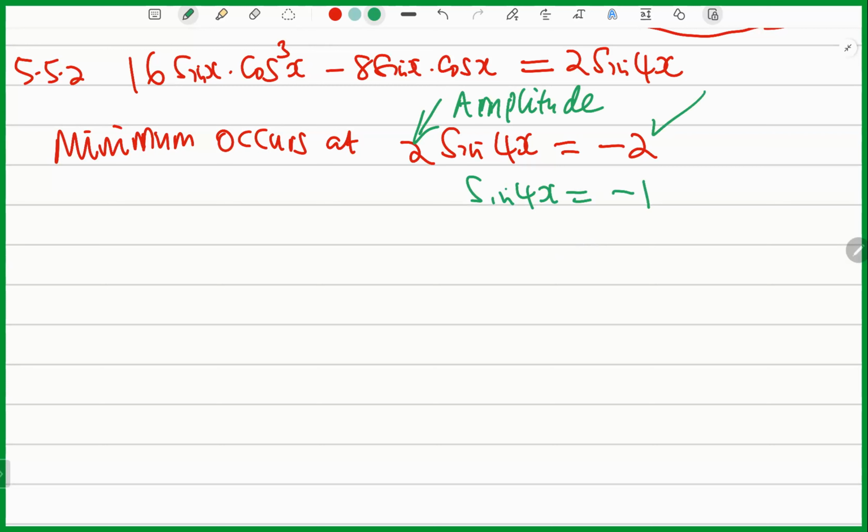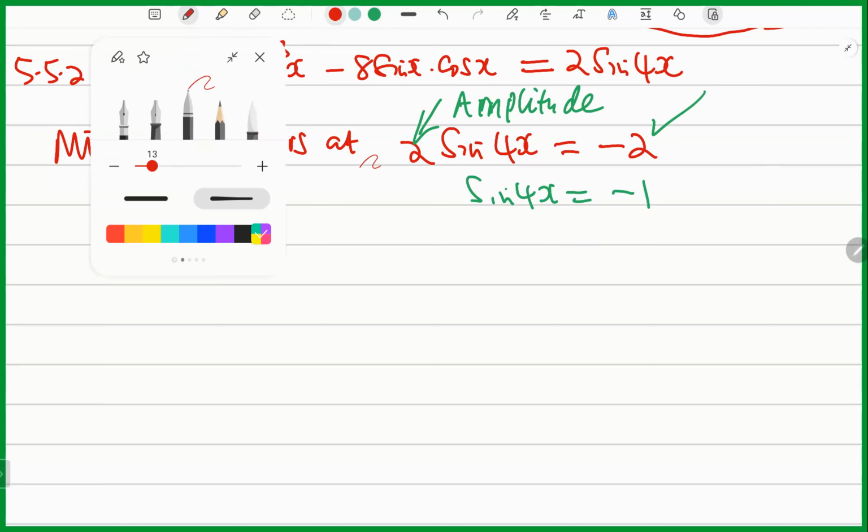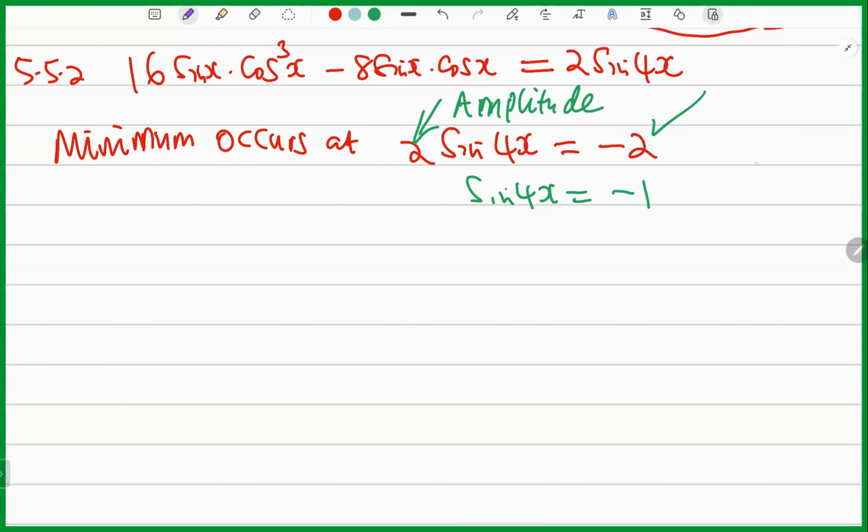When you get this, then you need to solve this equation. How do you solve this equation? You need to use the CAST rule. After you've written CAST, where is the sine negative? The sine is negative in the third quadrant, but it's also negative in the fourth.